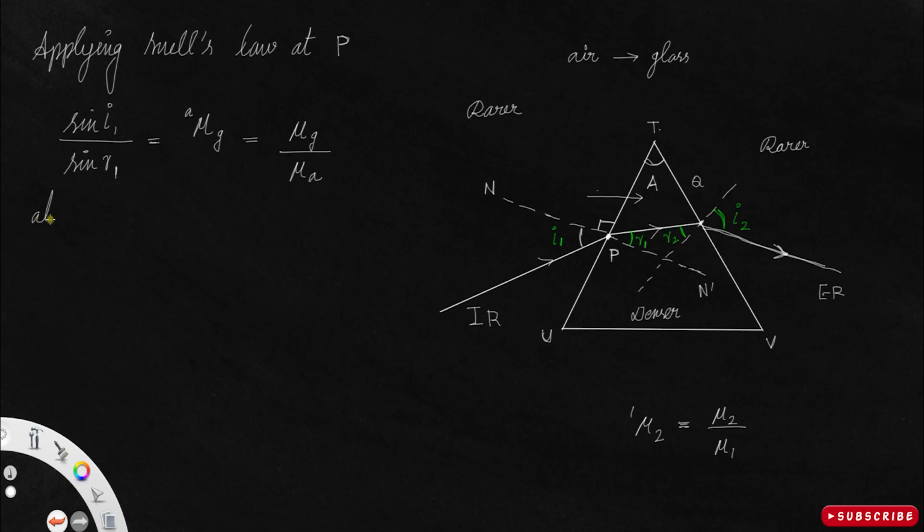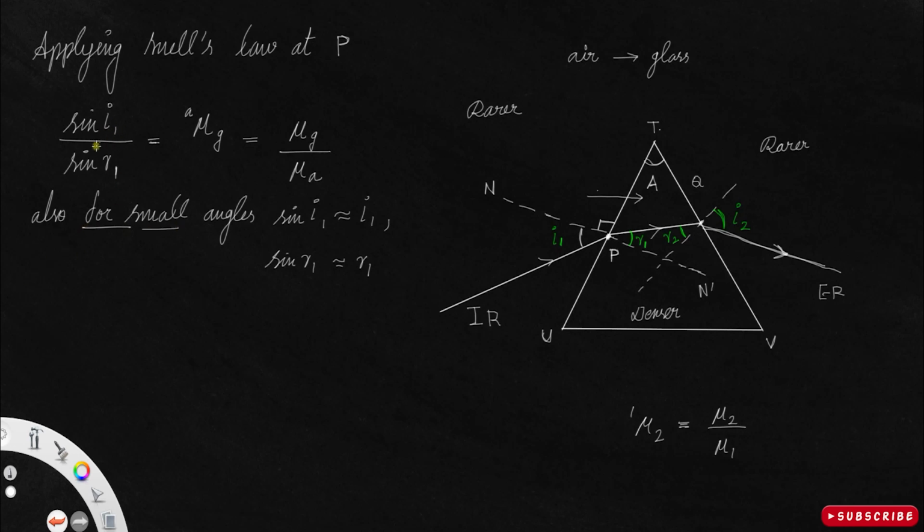Also, for small angles, we know sine I1 is approximately equal to I1 itself, and sine R1 is approximately equal to R1 itself. Clear? That is for small angles.